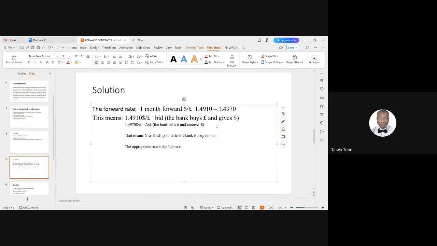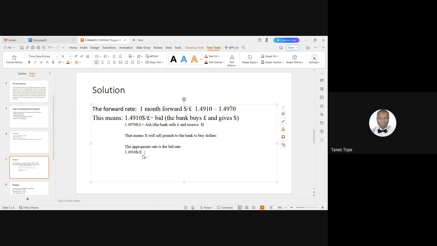The lower value, that is 1.4910, the bid rate in relation to this quotation.